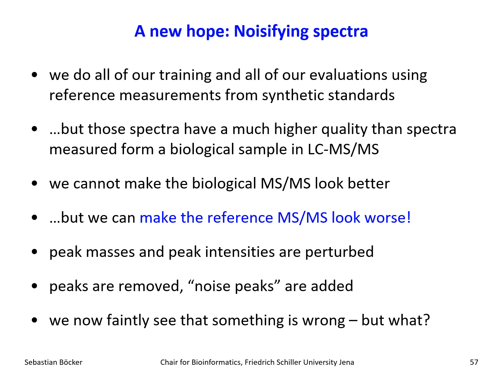I mean, those were measured from pure standards, and you don't have all the stuff that might happen if you measure a biological sample. So we perturbed that data. We came up with procedures to add noise. And with that, we at least faintly saw that something was wrong with our evaluation. But it was still completely unclear what was wrong.